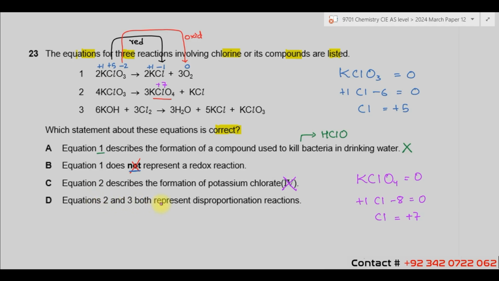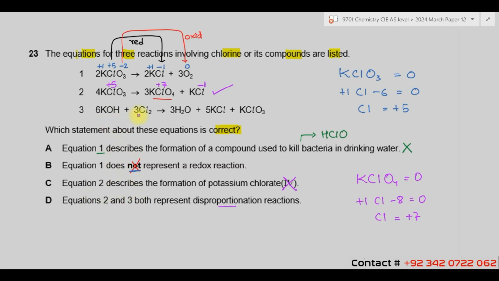Equation 2 and 3 both represent disproportionation reactions. Now disproportionation means self-oxidation reduction. So in KClO3 we already know chlorine is +5. In KCl it is -1. So +5 to +7 is oxidation, +5 to -1 is reduction. So yes, this is a disproportionation reaction.